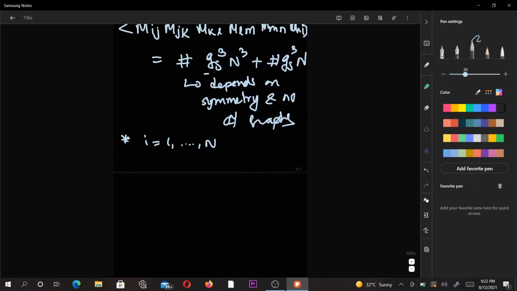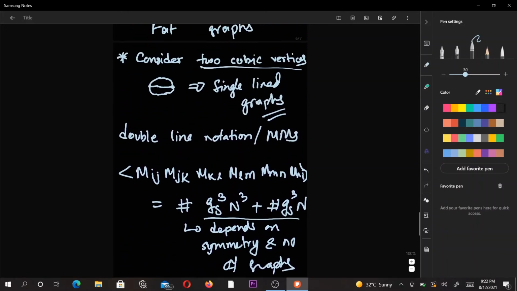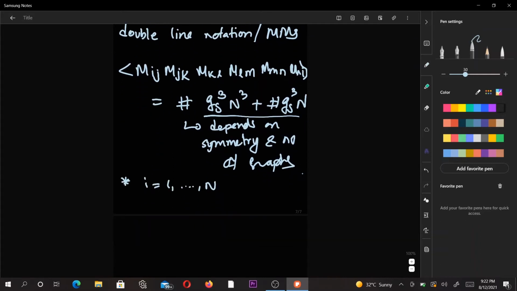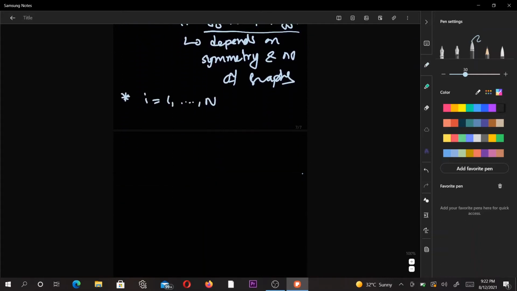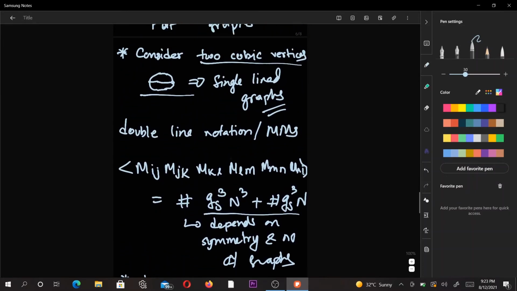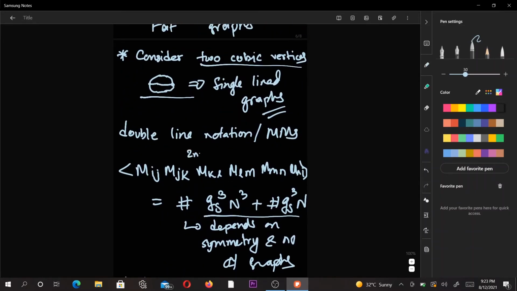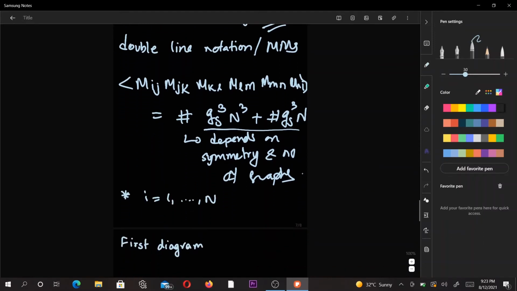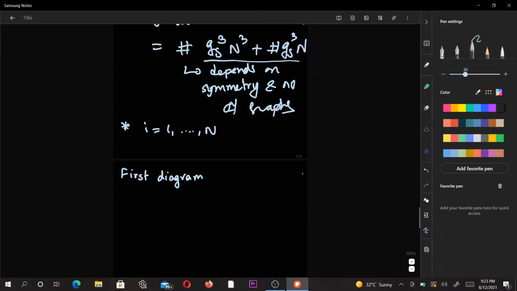After you arrive at this, these two terms correspond to two different diagrams. Previously, in single line, it was a single diagram, but in our double line or matrix model scenario, there are two diagrams. By Wick's theorem, this should be (2n minus 1) double factorial terms, so yeah, I remember it. You'll get the required terms from that.